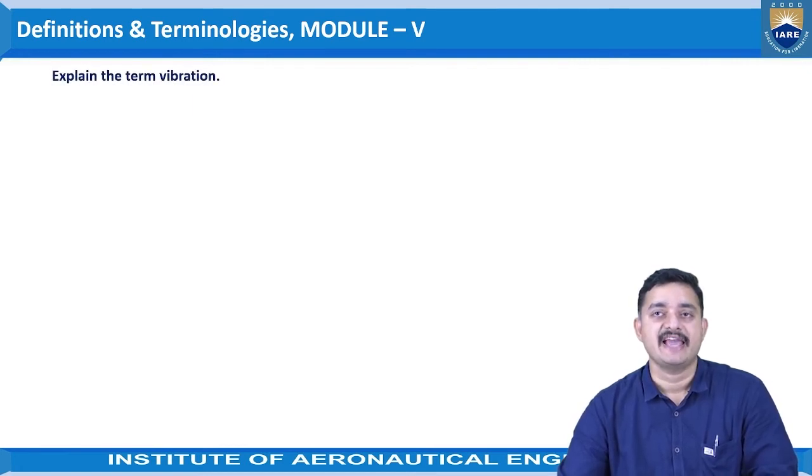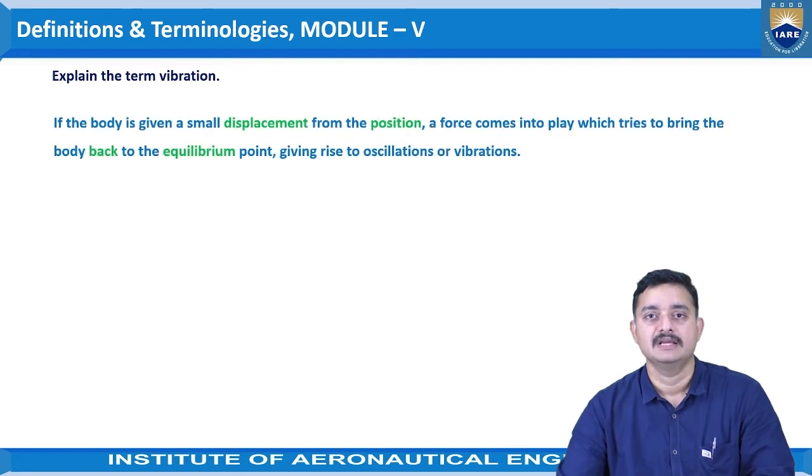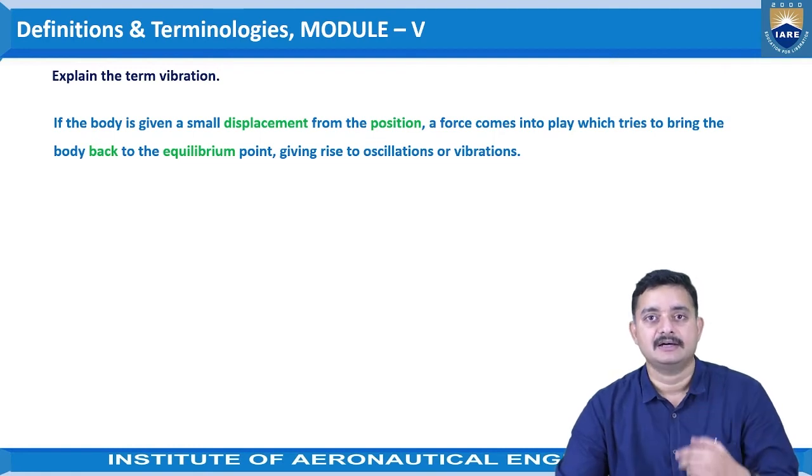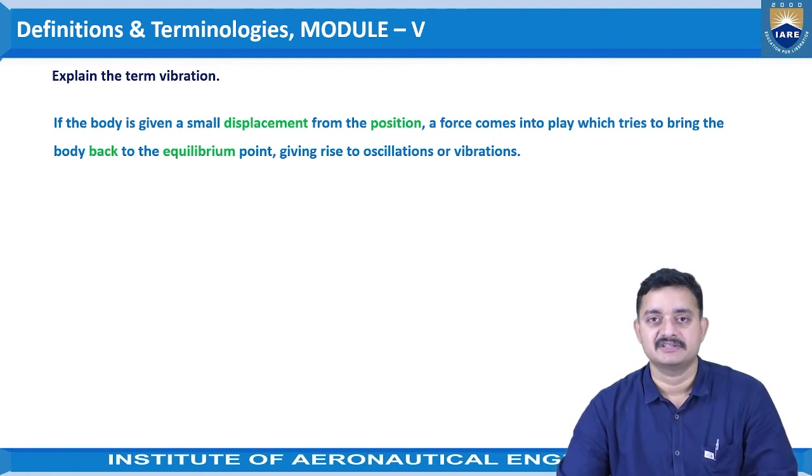Next one is explain the term vibration. If the body is given a small displacement from the initial position, which we can consider as a state of rest, a force comes into play which tries to bring the body back to the equilibrium point.